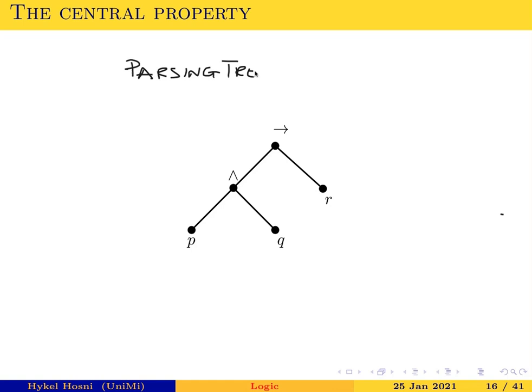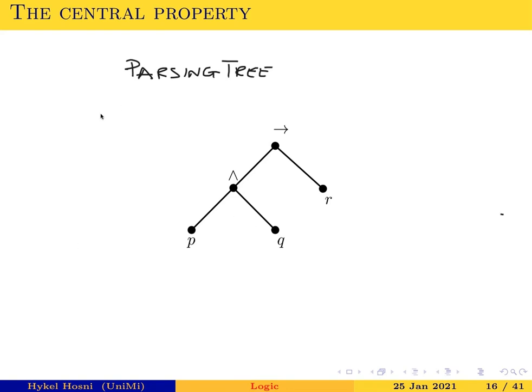This is a terminology which is sometimes used also in linguistics, though maybe with some slightly distinct connotations. But anyway, it's a tree in the mathematical sense, and it's parsing because if you look at the tree, there is a unique way of reading it.